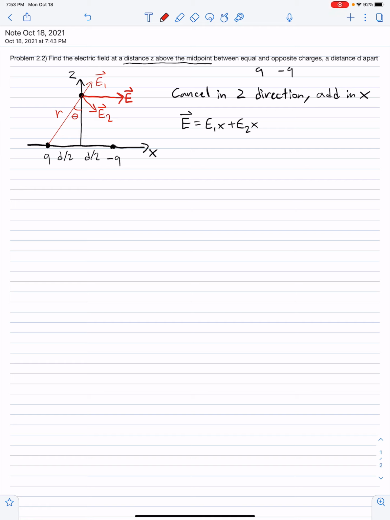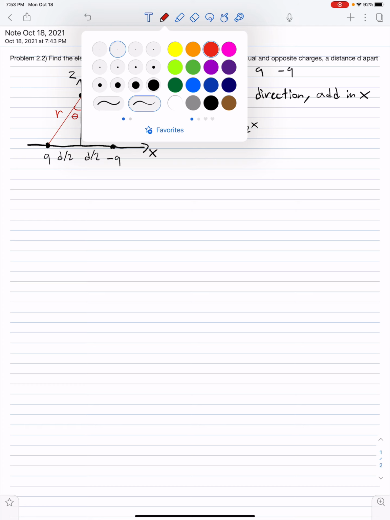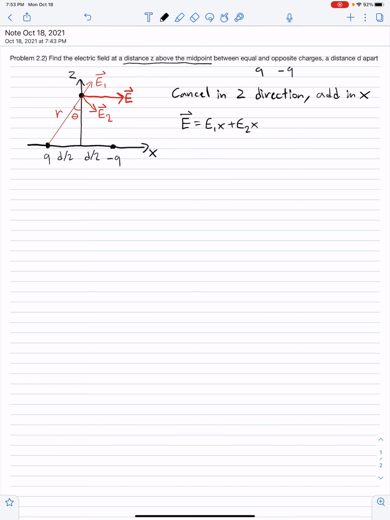So here in our equation, we want to use our Coulomb's law.